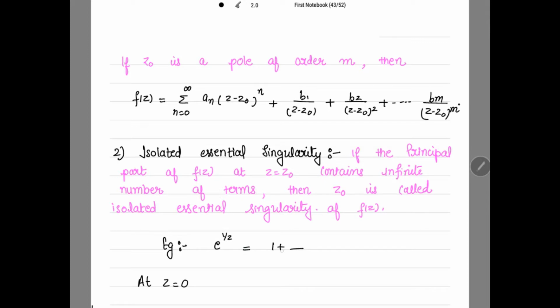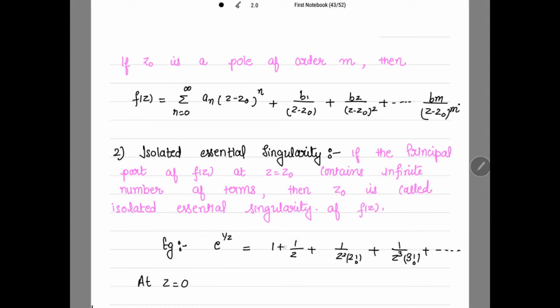This is equal to 1 plus 1 over z plus 1 over z squared times 2 factorial plus 1 over z cubed times 3 factorial, and so on, up to infinity.